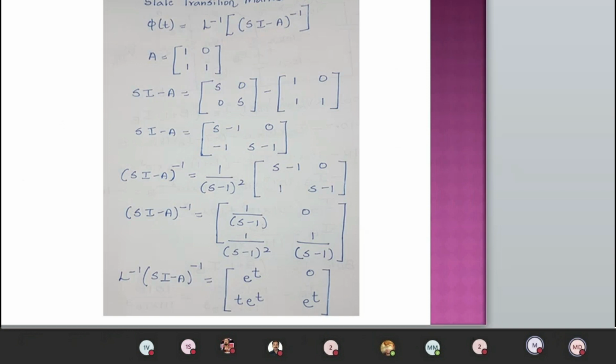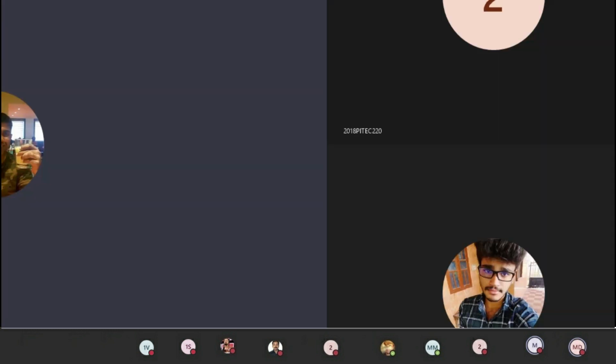Okay. So you can understand so far with the problems that we discussed, the focus was on transfer function, and some questions were related to the state transition matrix, but indirectly it is related to transfer function only.